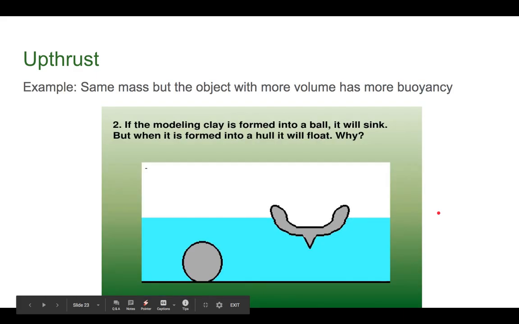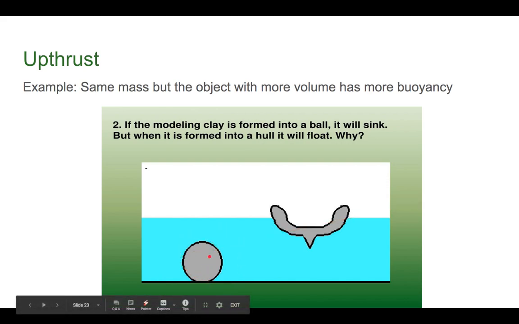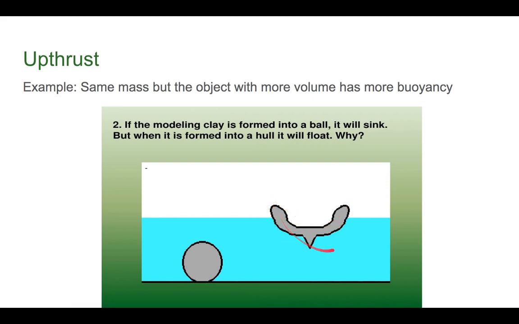So here's an example of two objects with the exact same mass, but one of them has more upthrust because of its shape. So as you can see here, the modeling clay, when it's in the shape of a ball, sinks. However, when the modeling clay is formed into a hull, it will float. Why is that?